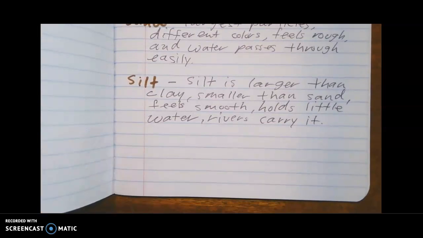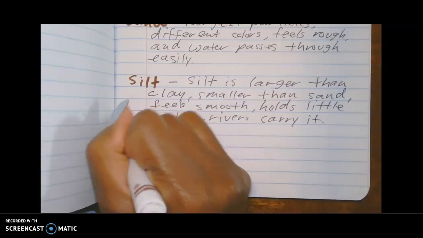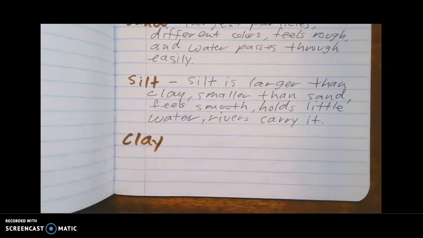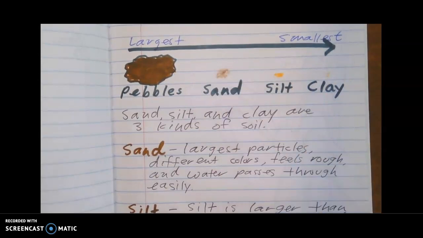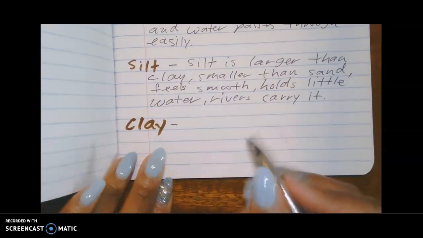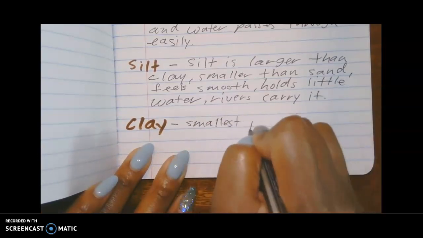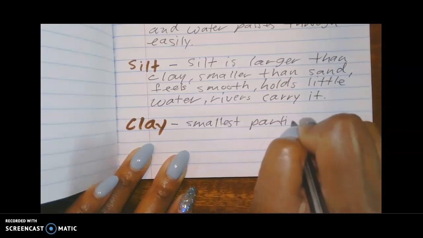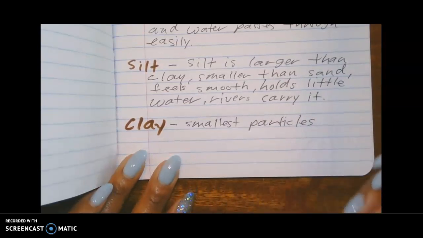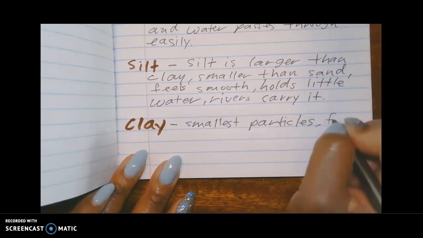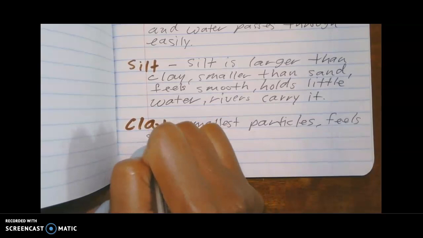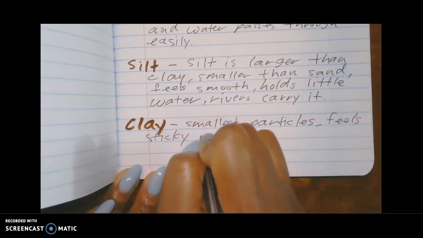And that is clay. Clay, as we see from our diagram up here, has the smallest particles. Feels sticky and smooth.